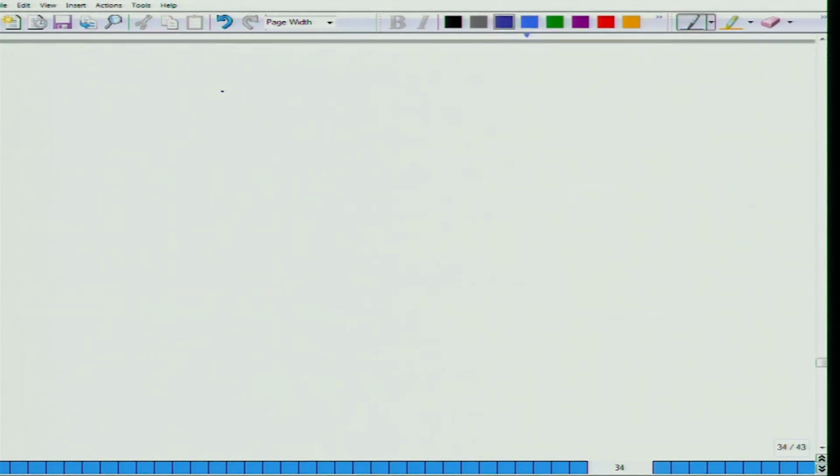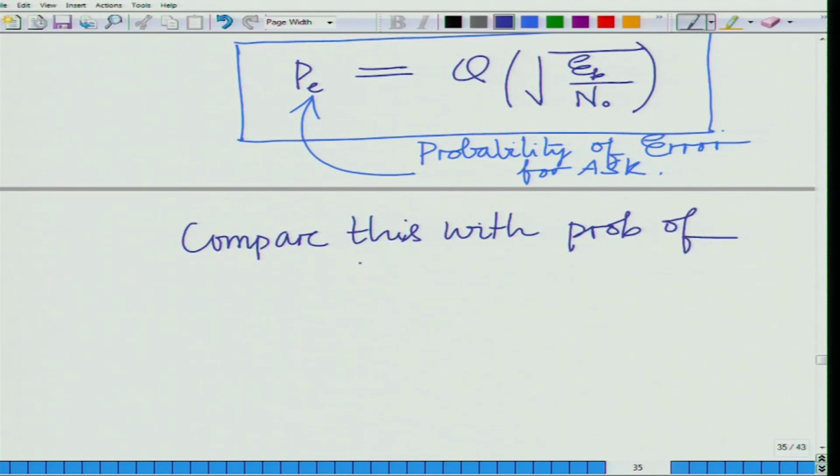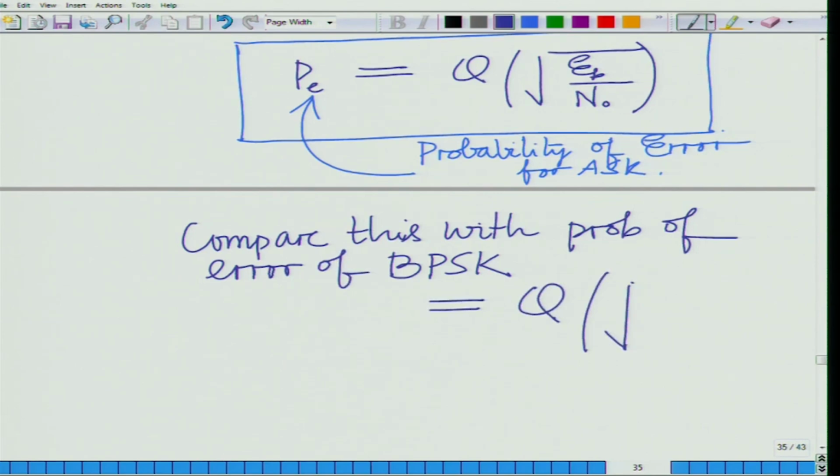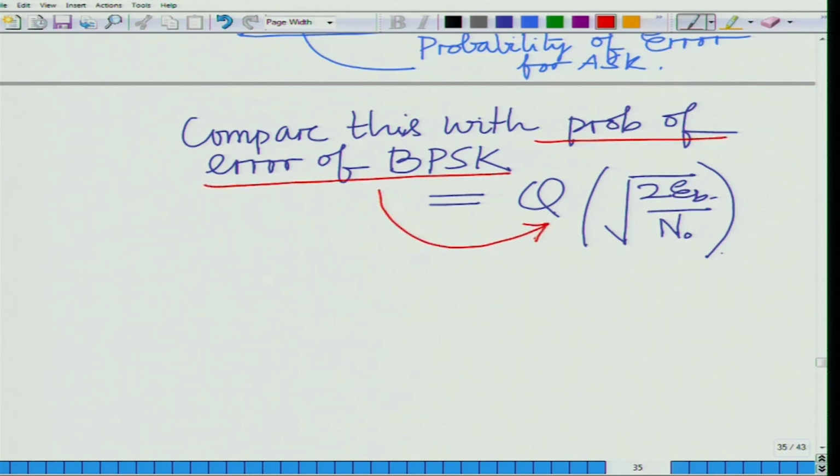Now, compare this with the probability of error of binary phase shift keying, which is equal to Q square root of 2 EB over N naught. This is the probability of error of binary phase shift keying.